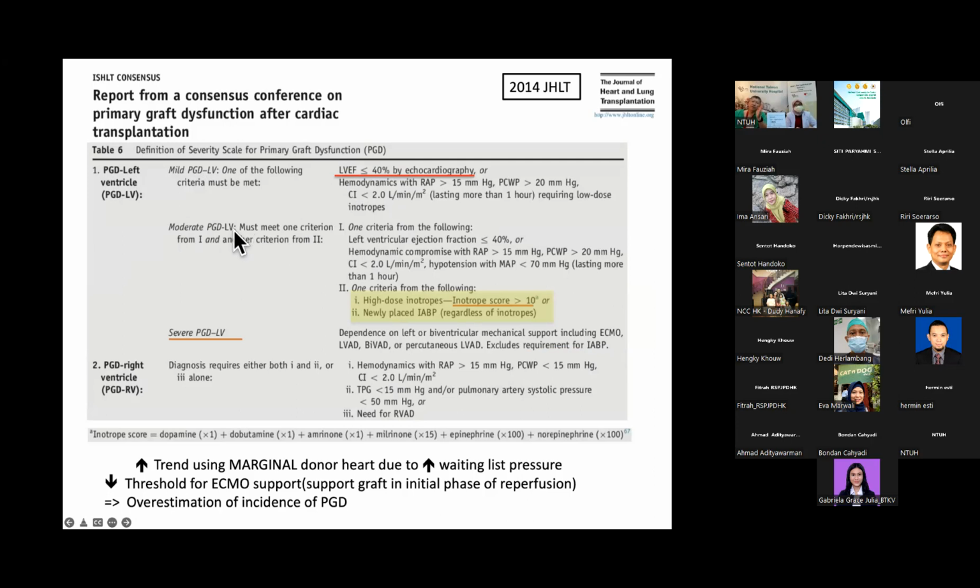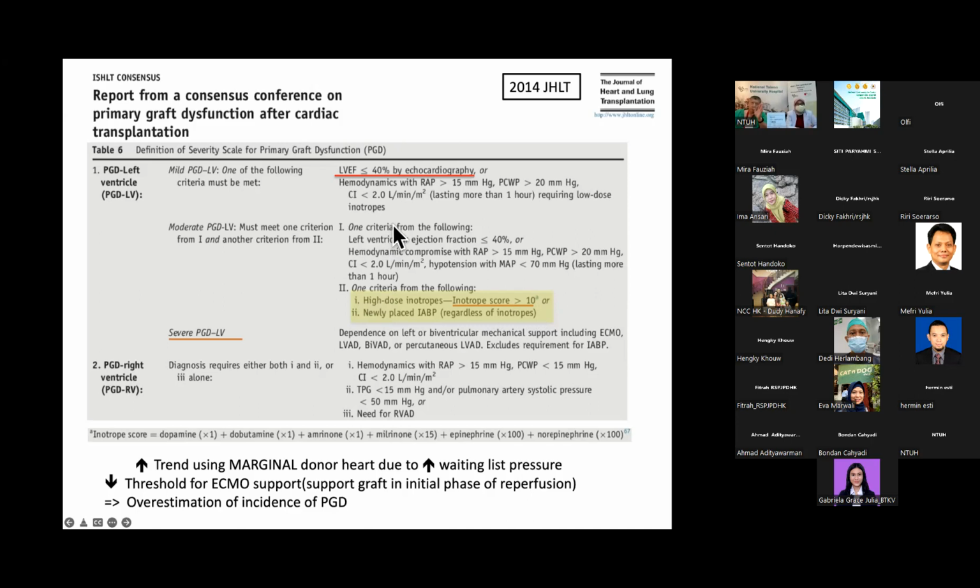There's some definition from the journal with one criterion: if the IP is more than 50, the weight more than 20 in the operation room, and one criterion for the following, for the high dose over 10, it is so-called moderate. Usually in my hospital, we have lots of this kind of moderate graft failure.